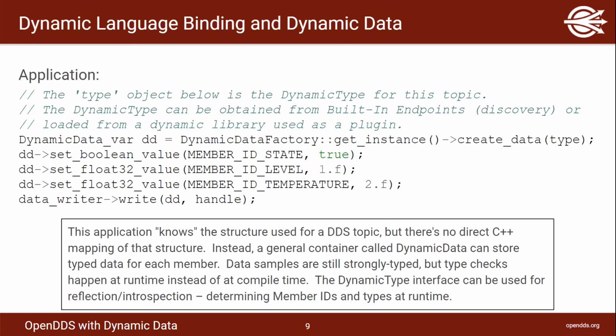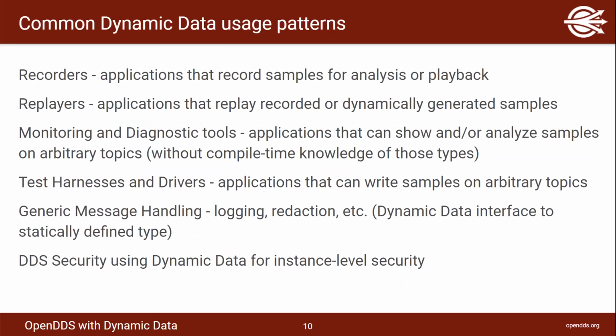What's very impactful, or exciting, about this dynamic data binding is that with this API, you can reflect on the type of the sample that you're working with. You can interact with static things dynamically and some other things, which I'll get into in the next slide. So let's go to the next one.